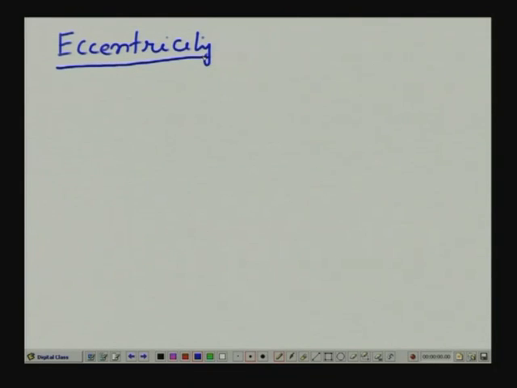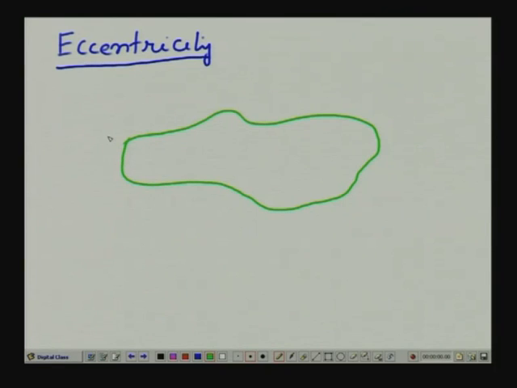Now, what is eccentricity? Suppose I have a region, something like this. What I do is I find out a chord of this particular region of maximum length.